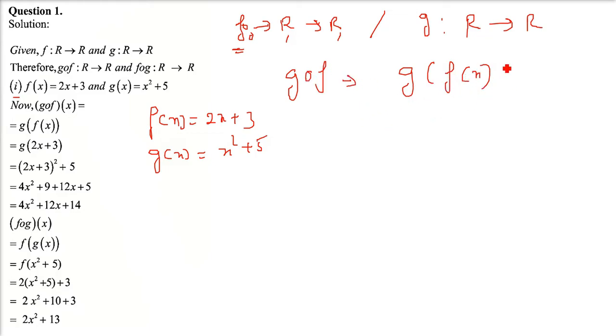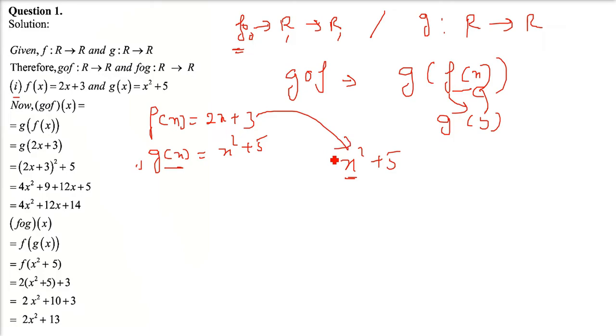So how do we do this? In place of f(x), just put 2x plus 3, and this g of 2x plus 3 has to be put inside x square plus 5. So g(x) is x square plus 5, and f(x) is 2x plus 3. In place of x, put 2x plus 3 here.